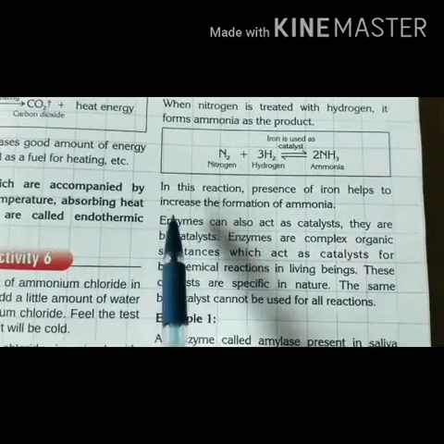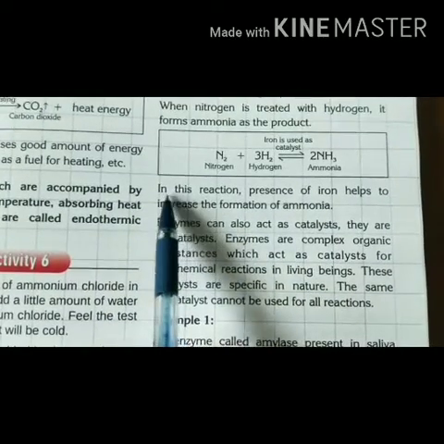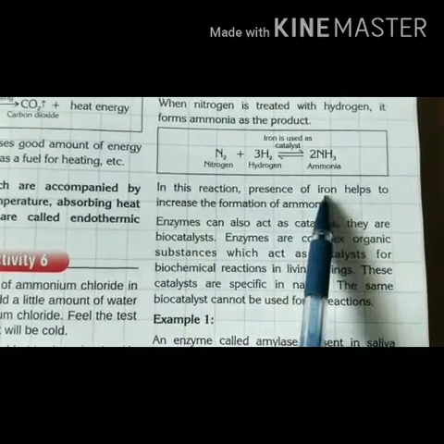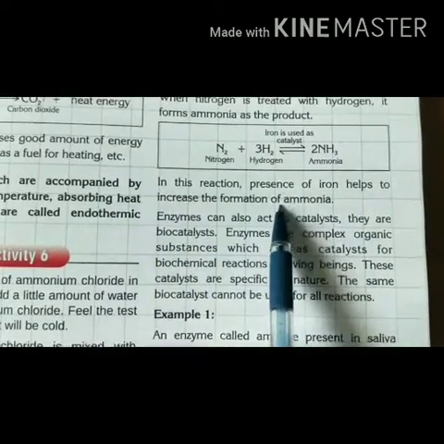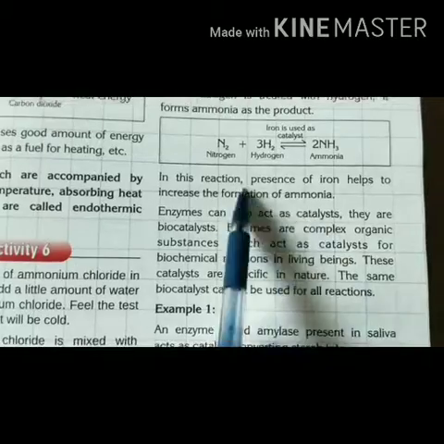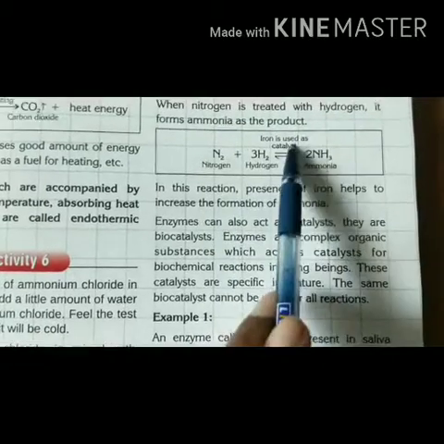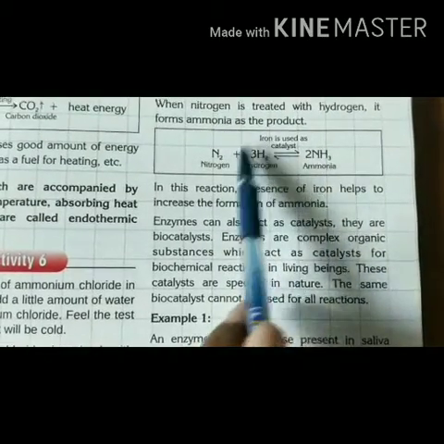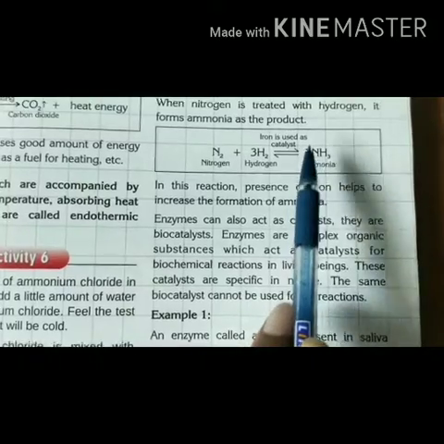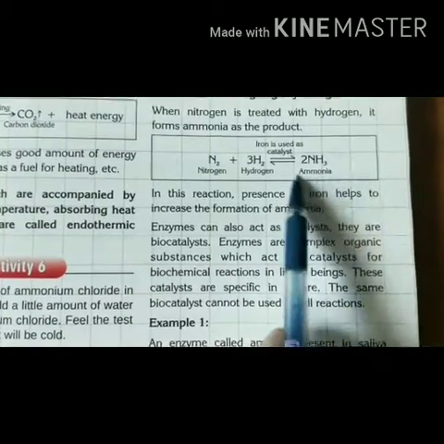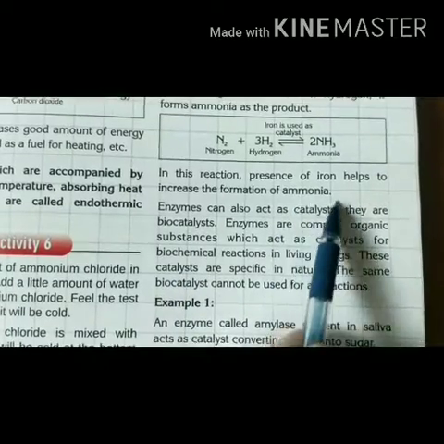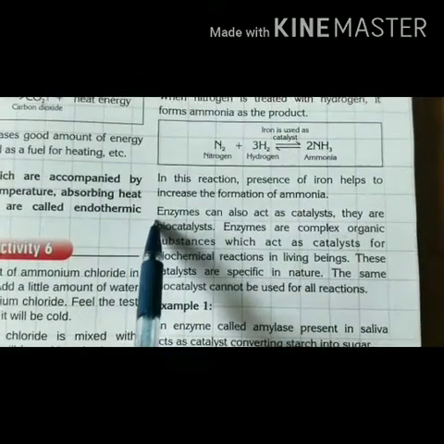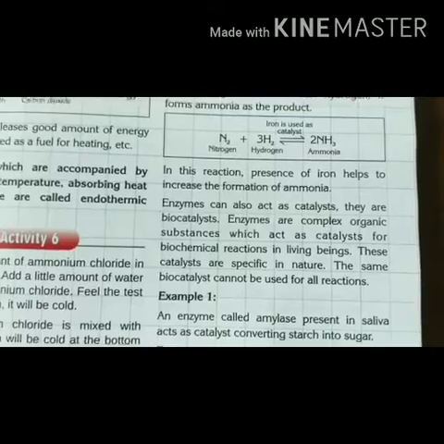Now with the help of your book, you can see that in this reaction the presence of iron helps to increase the formation of ammonia. As I told you before, this iron is increasing the rate of reaction, meaning the formation of ammonia. Basically the most common catalyst in any reaction is the enzyme.